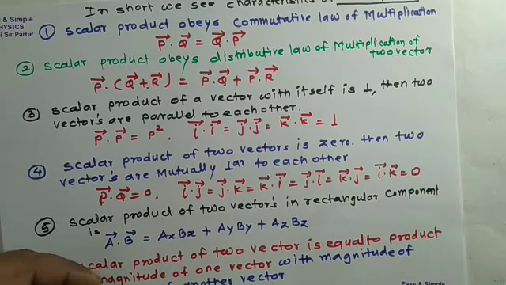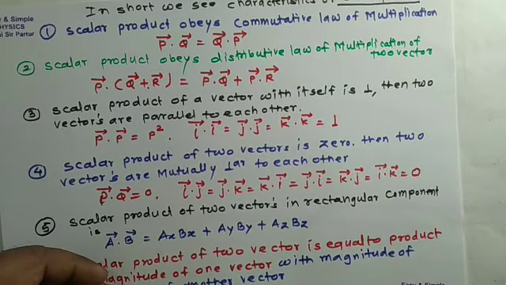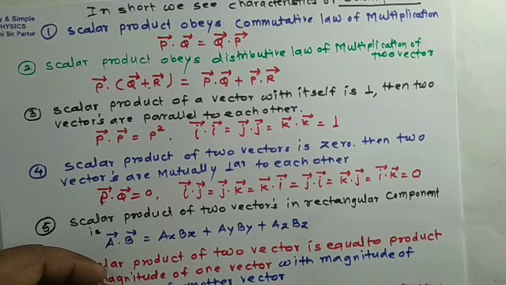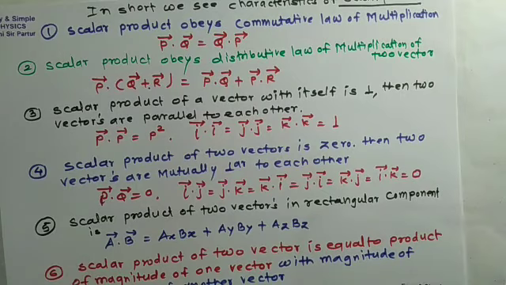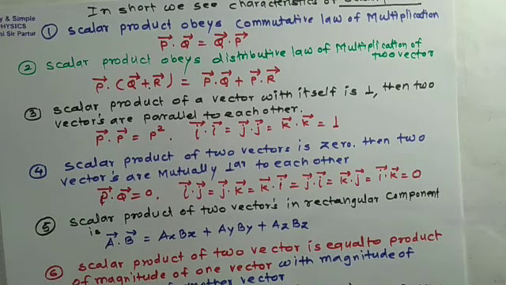So it means vector p dot vector q equal to p in bracket q cos theta, or we can say that q in bracket p cos theta, that is component of another vector p or another vector q. These are the characteristics of scalar product.